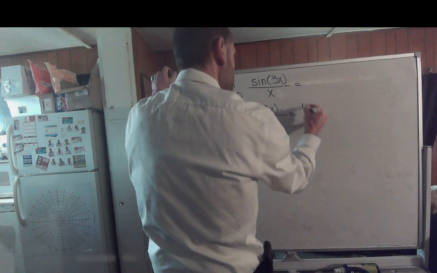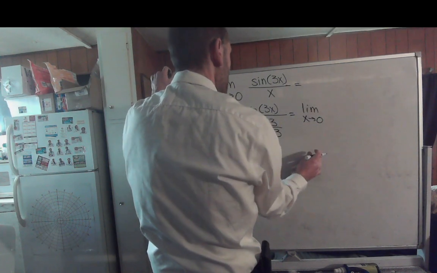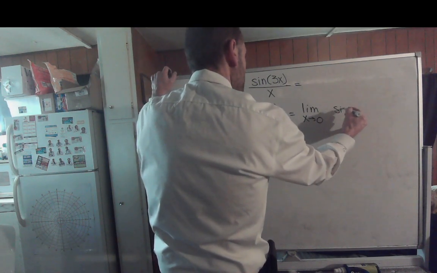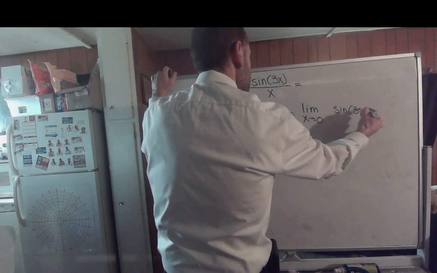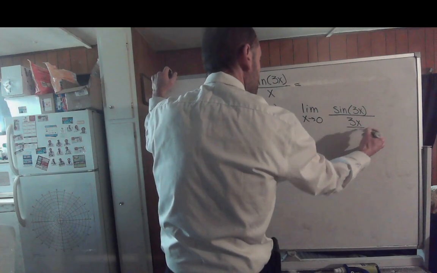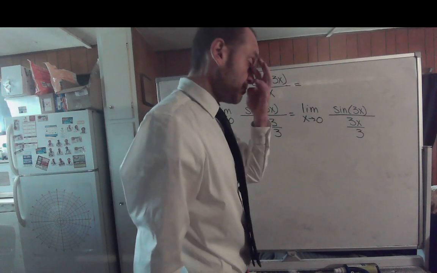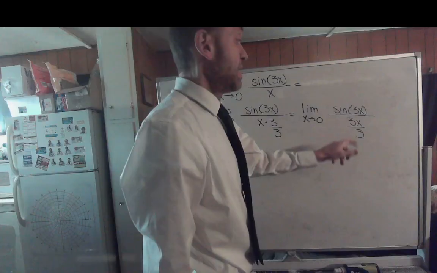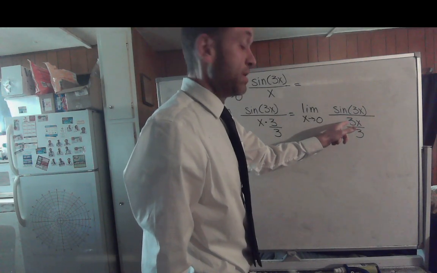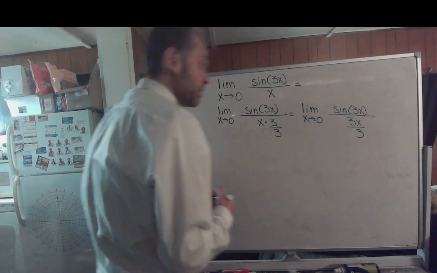We're going to end up getting the limit as x approaches 0 of the sine of 3x divided by 3x divided by 3. Now, at the very least, we have gotten the 3x now in the denominator as opposed to just x. We have something we can work with.